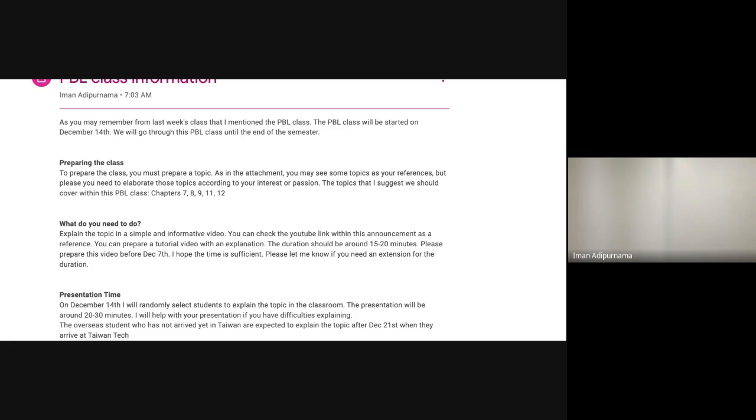For example, you choose chapter 7 or chapter 8, but inside that chapter there are several specific things that you might look at.